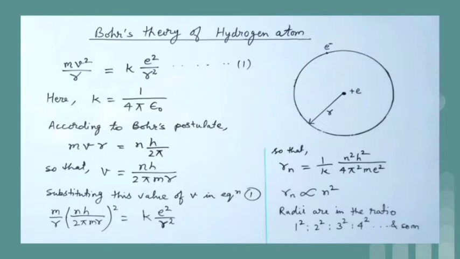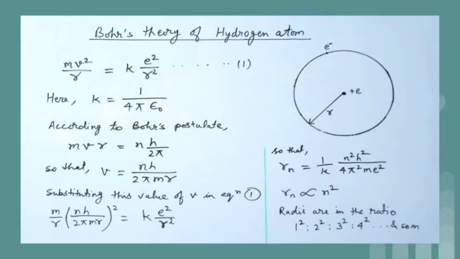The subscript n with r is used in order to generalize the expression. The expression gives the radii of allowed stationary orbits. You can see in the expression the radius is proportional to the square of the principal quantum number n. The other quantities are all constants.